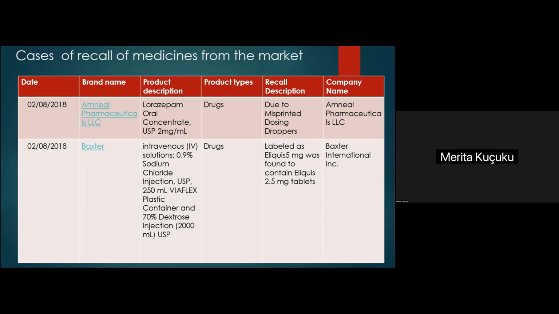Another reason why we should have quality control of medicines after they are delivered to the market is shown in this table, which is information from the website of the Food and Drug Administration. We have all the information on the date of recall of these medicines because problems appeared in the health of the population. We have the date, brand name, product description, and product type.